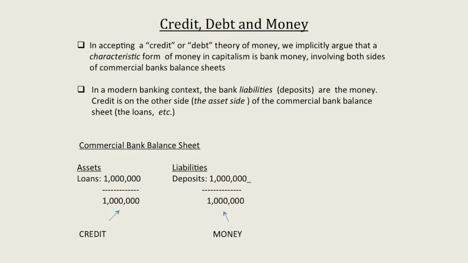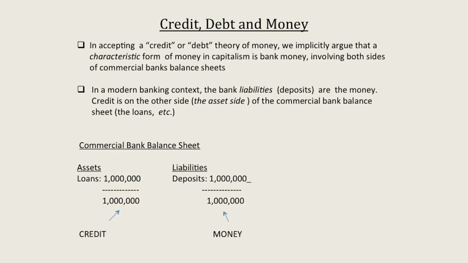Now, if we do have a credit or a debt theory of money, we're implicitly arguing that the characteristic form of money in capitalism is bank money, and that involves both sides of commercial bank balance sheets. In the modern banking context, I think we must be clear, I put an embryonic commercial bank balance sheet there, that the deposit liabilities are what we mean as the money.